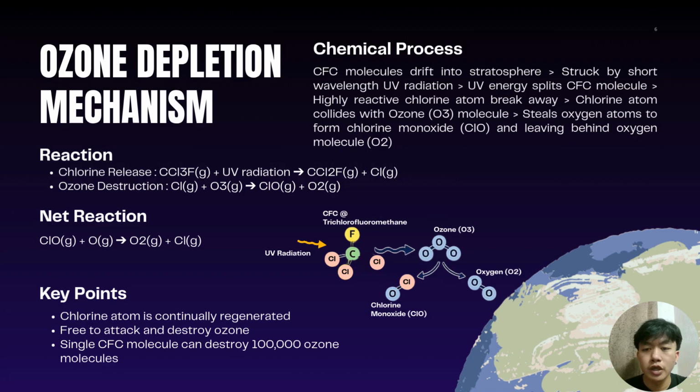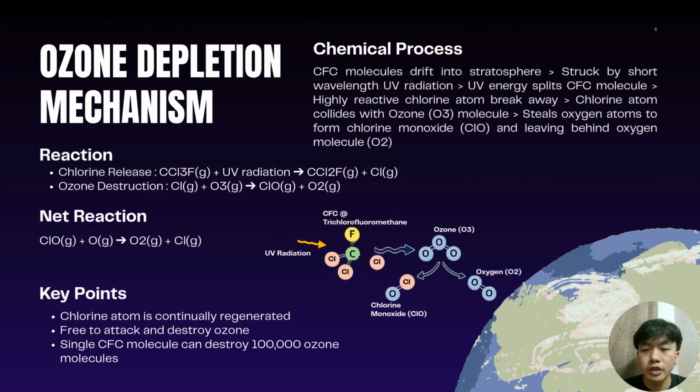So the reactions are: chlorine release, CCl3F plus UV radiation turns into CCl2F plus Cl. The ozone destruction is Cl plus O3 turns into ClO plus O2.